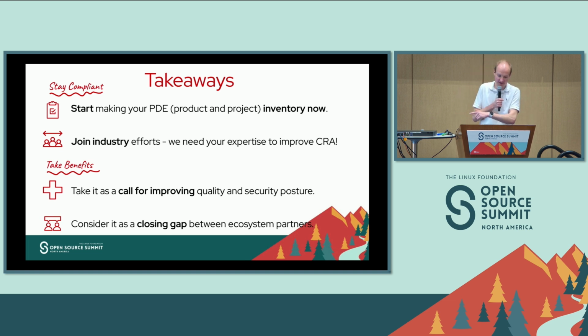And finally, consider it as closing the gap between ecosystem partners, or between your company and your partners and your customers, to say, hey, now this is a great chance to come and talk together, right?